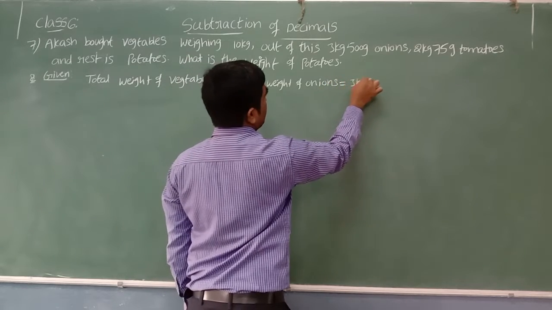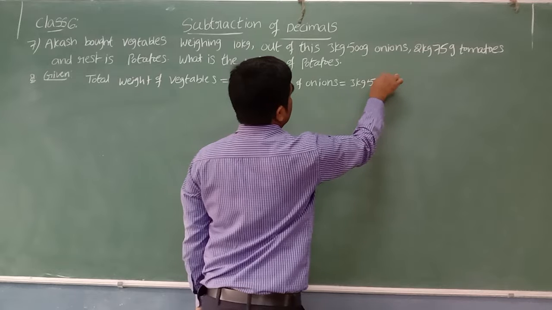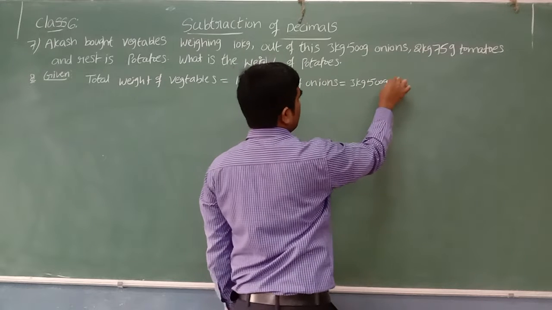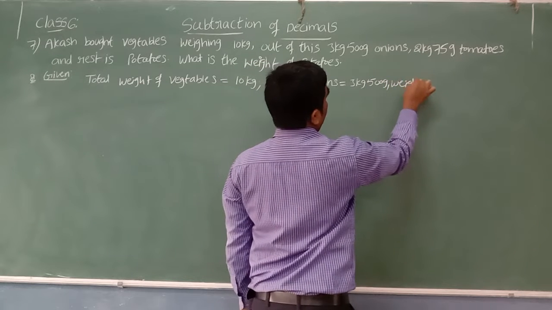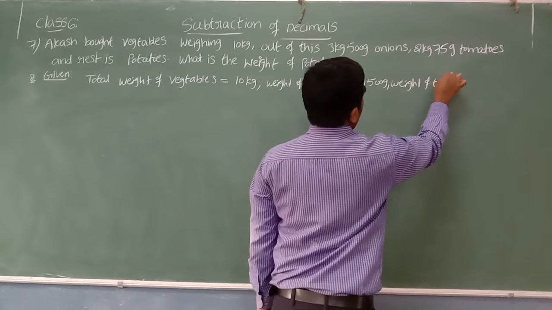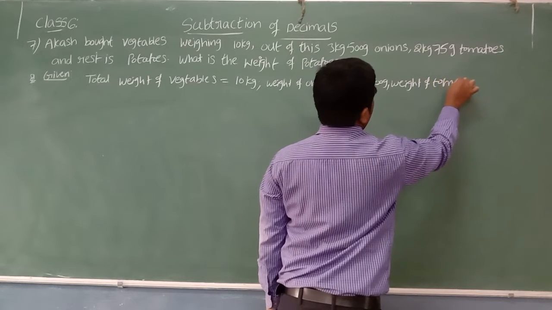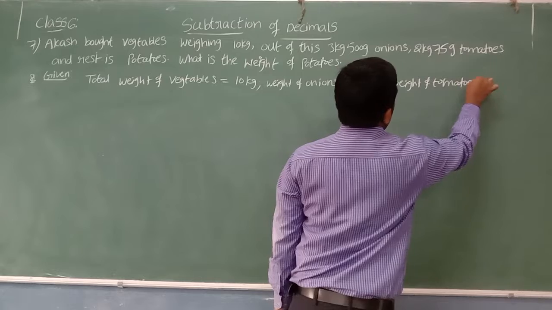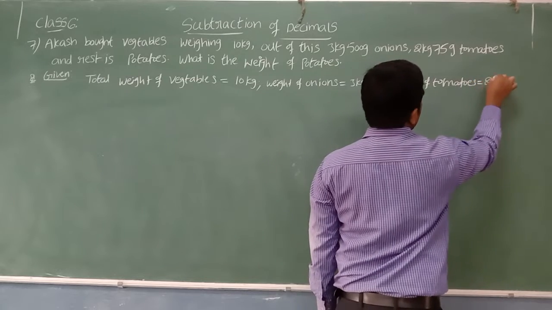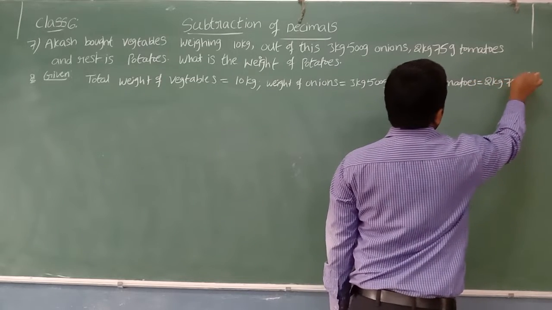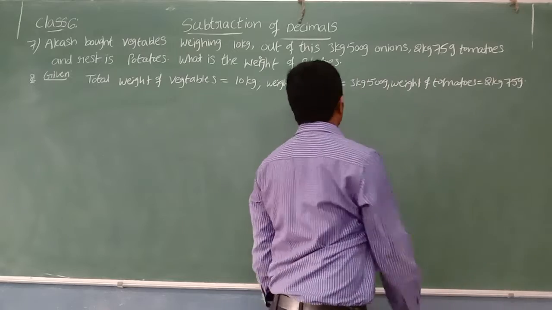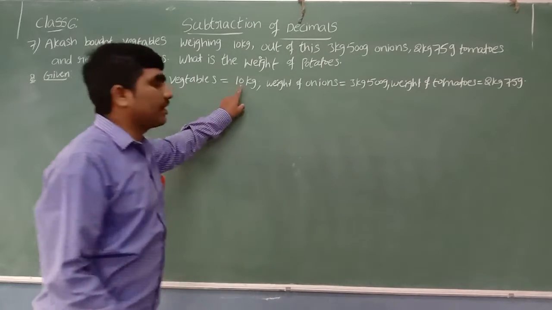Sir, it is 3 kg 500 grams. And next he gave the weight of tomatoes. Weight of tomatoes is equal to how much? Sir, it is 2 kg 75 grams. So total weight is 10 kg.